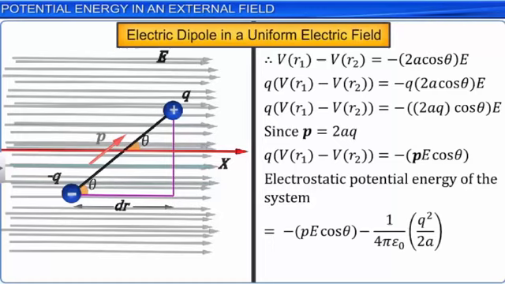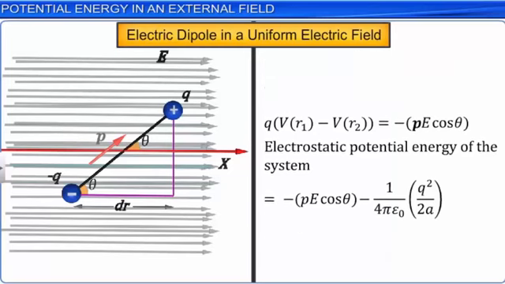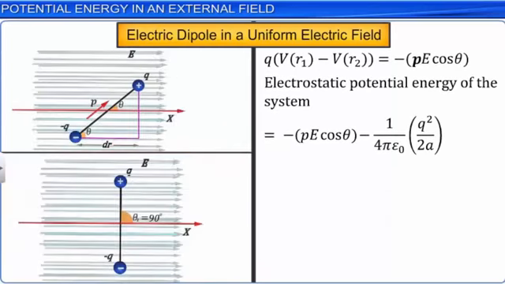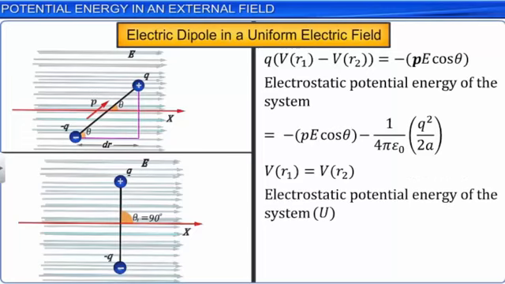If the electric dipole were perpendicular to the field direction, then the potential V of R1 will be equal to V of R2, and hence PE cos θ will be equal to 0. And hence, the electrostatic potential energy of the system will be equal to minus 1 by 4 pi epsilon naught q square by 2a.